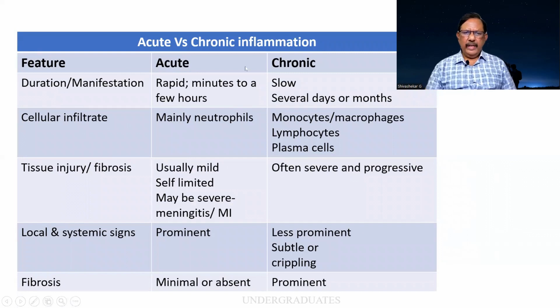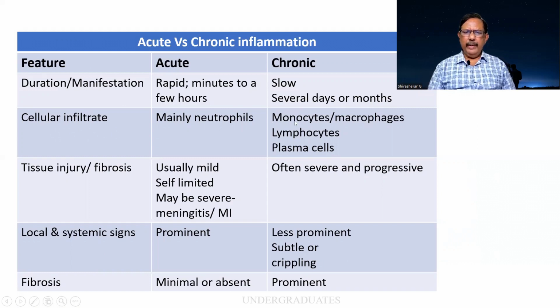Now, what is the difference between an acute and a chronic inflammation? This is a very simple table which I think you should practice, not very difficult at all. Duration and the manifestation. Acute is very rapid and occurs in a few minutes to hours. Chronic is slow, indolent, lasting for several days or months. The cellular infiltrate here is neutrophils.